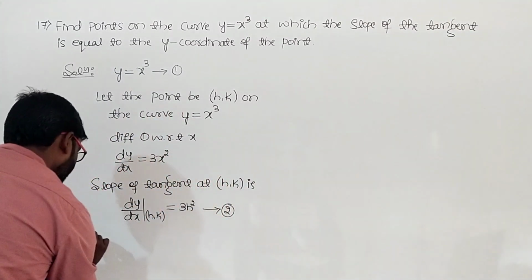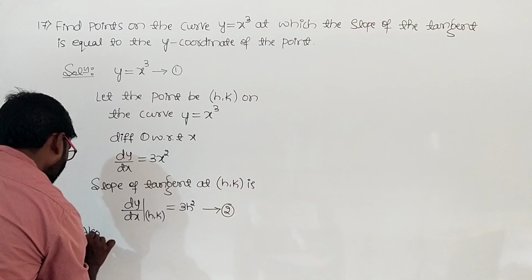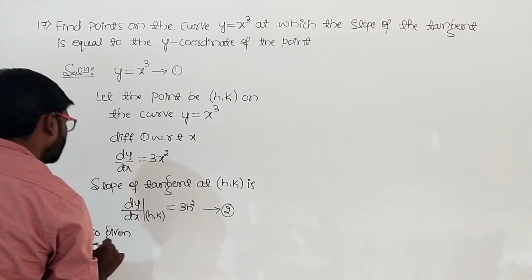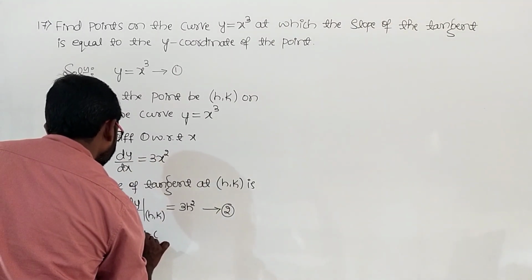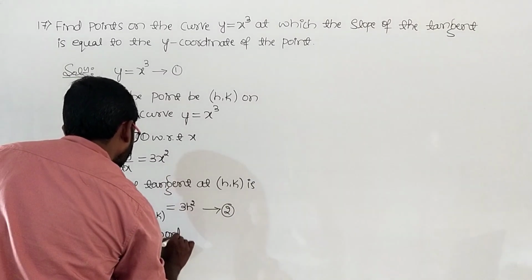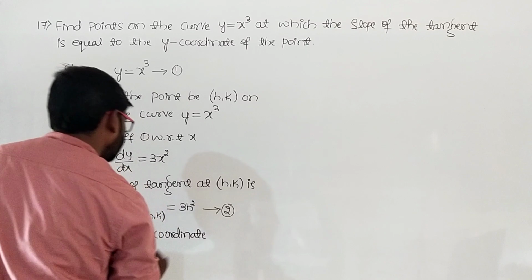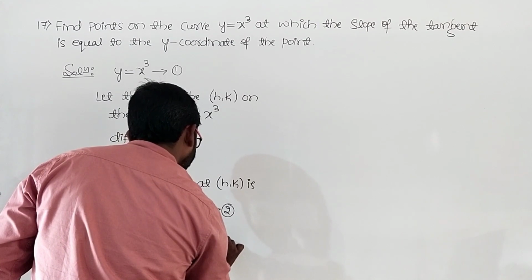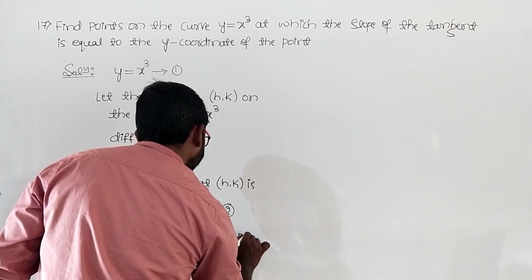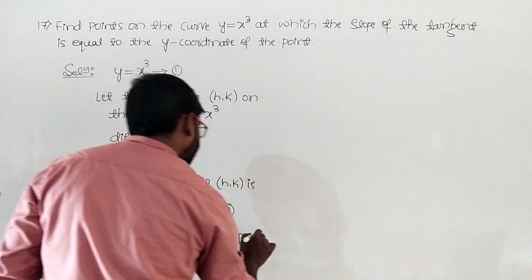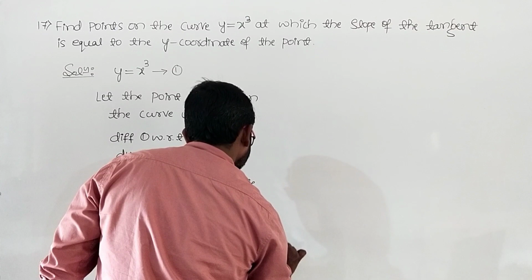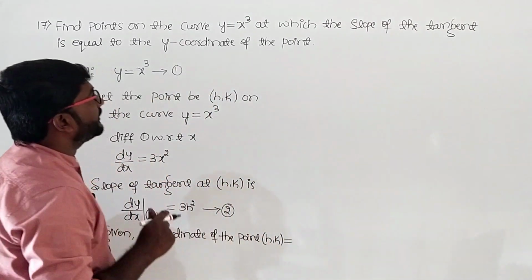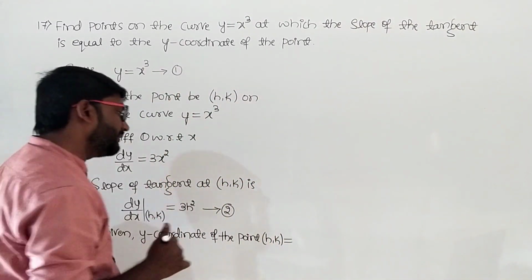So also given, y coordinate of the point h comma k equals slope of the tangent.